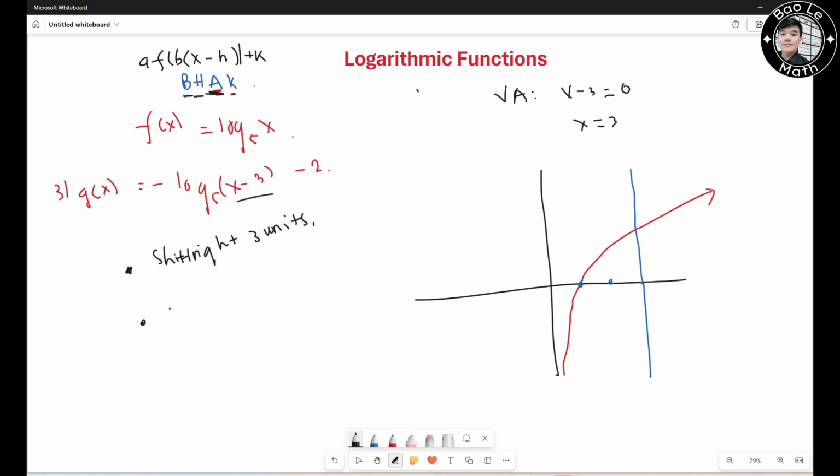So it's going to be negative 1 in front of the output, which means reflect over the s-axis, right? And the last one, this one k equals negative 2. So the function shifts down 2 units, right. Alright, so if you graph it, it's going to be something like this.